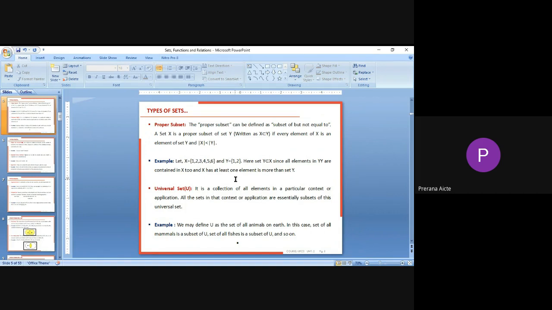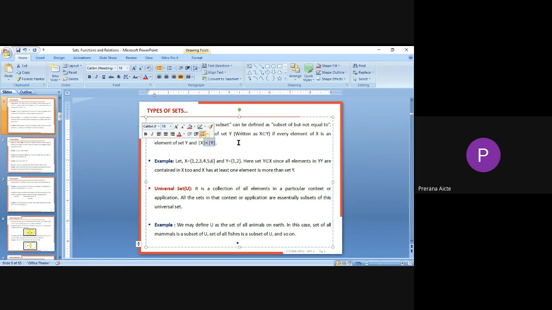That means it should be a subset, but the number of elements in both sets should not be equal. So a set X is a proper subset of set Y if every element of X is an element of set Y, and the cardinality of X, the number of elements in set X, is less than the number of elements in set Y. Then it is called a proper subset.